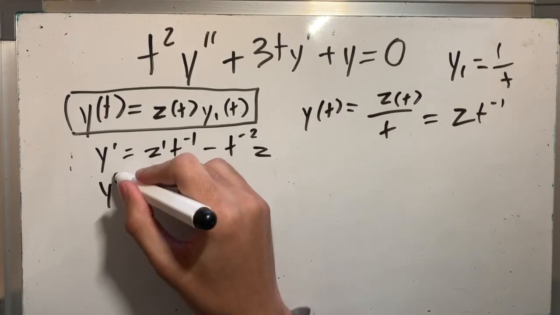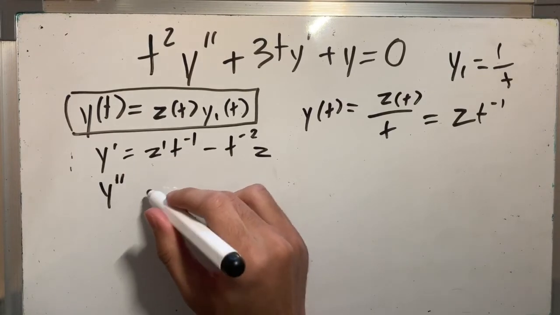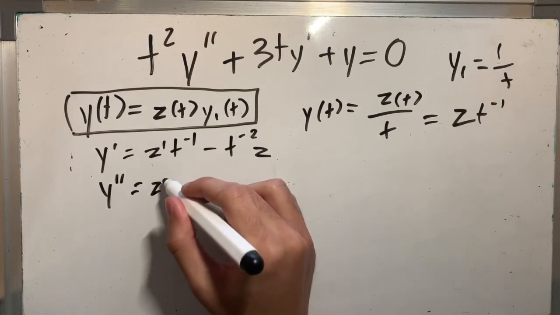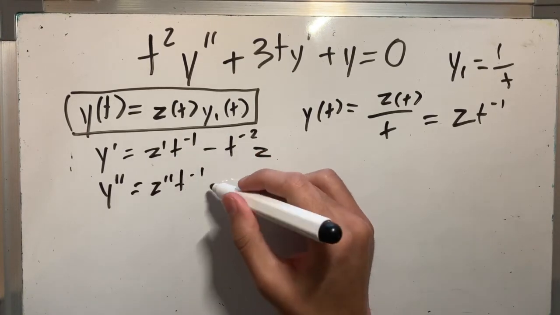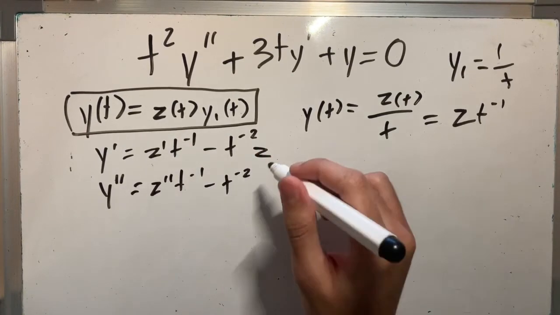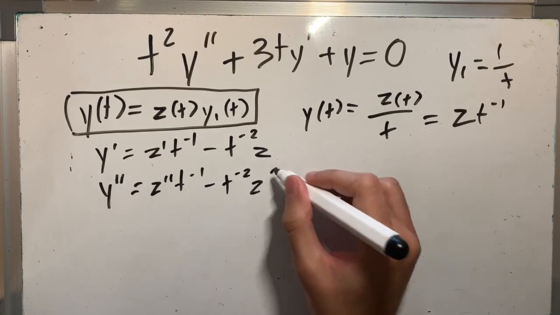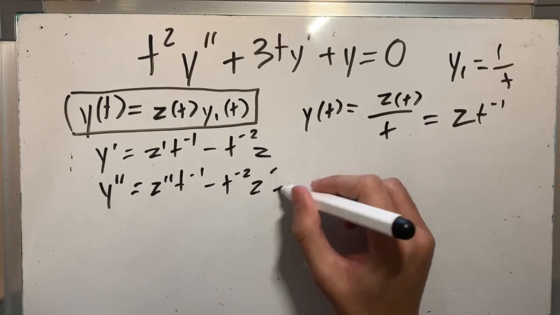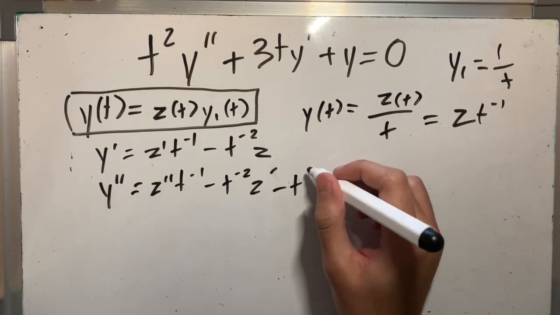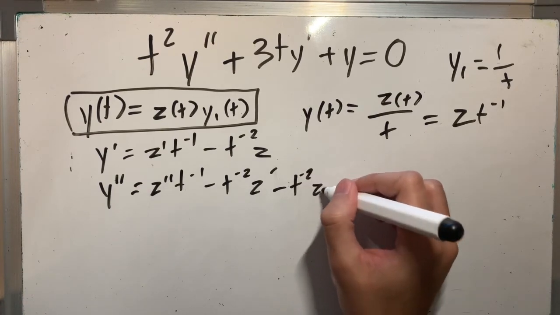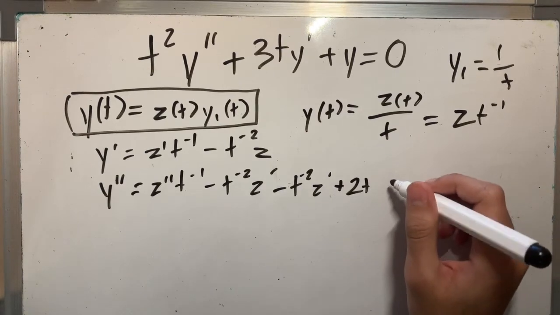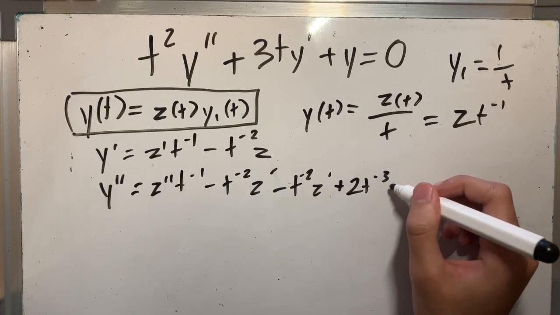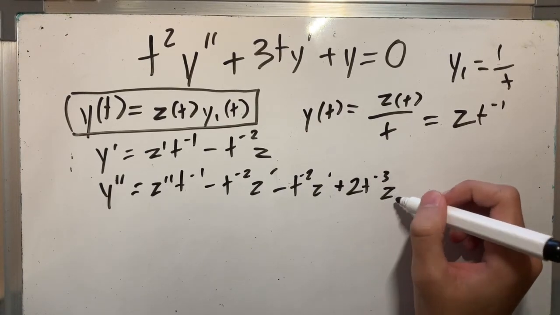Using this, we can also find the second derivative, which is equal to z double dash t to the negative 1 minus t to the negative 2 z dash, minus t to the negative 2 z dash plus 2t to the negative 3 z.